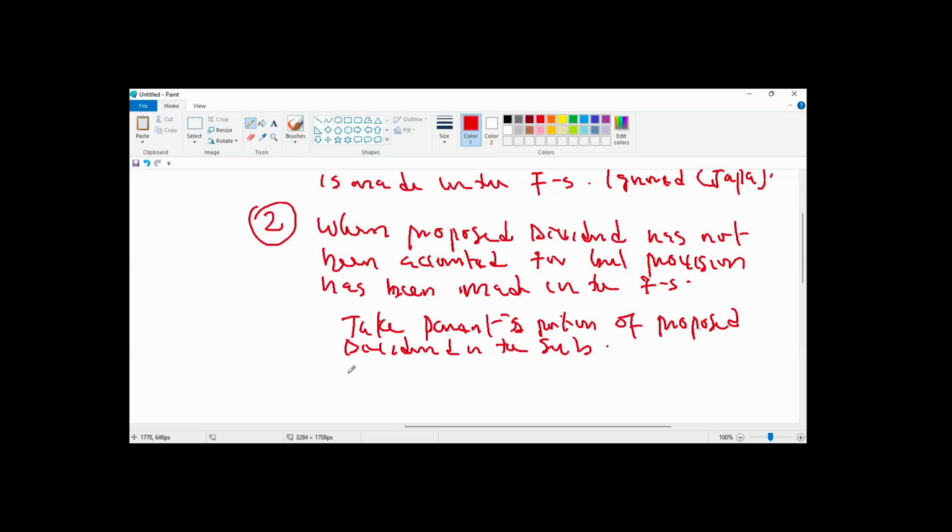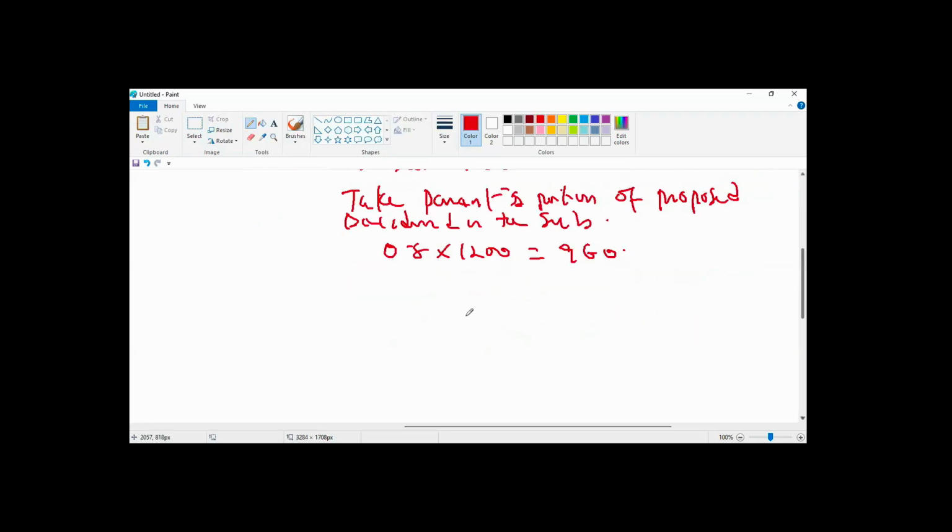Parent portion will now be 0.8 times 1,200. That will give us 960. What do I do to the 960? I'll still retain it as the parent's. Credit plus 960, then the proposed dividend.